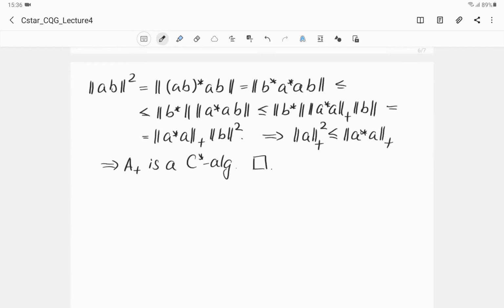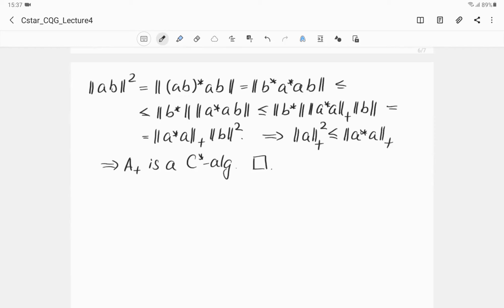Okay, so in fact, this result can lead to some dissatisfaction. Well, indeed, we defined a norm on the unitization in two essentially different ways, depending on whether or not our algebra is unital. But in fact, we will see soon that if we have an arbitrary star algebra, then there is at most one way to make it into a C-star algebra.